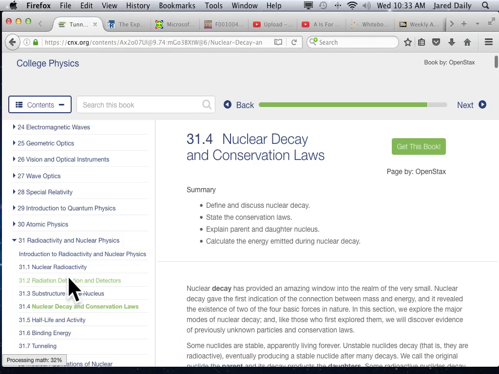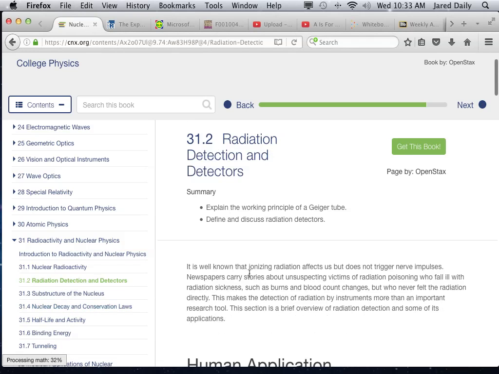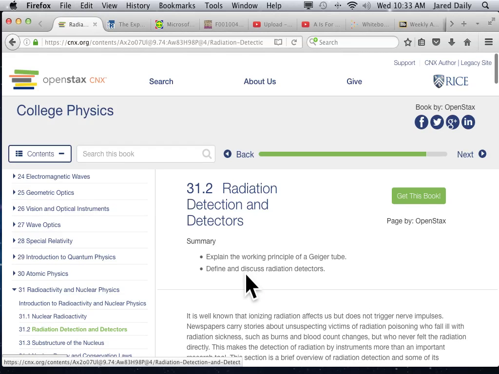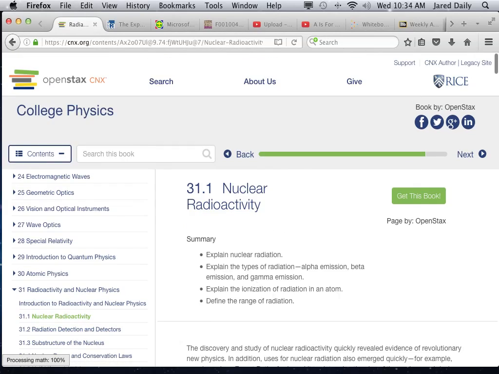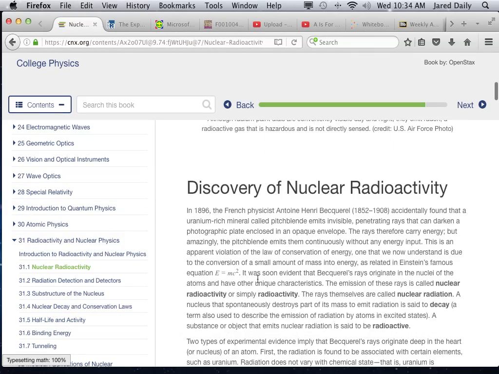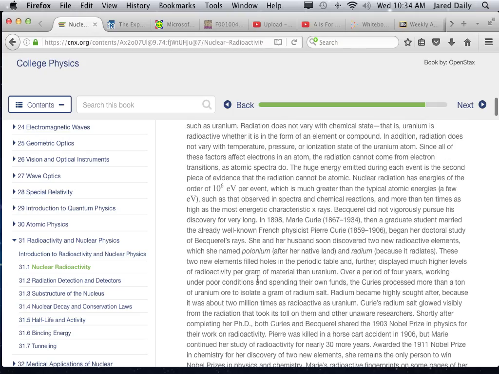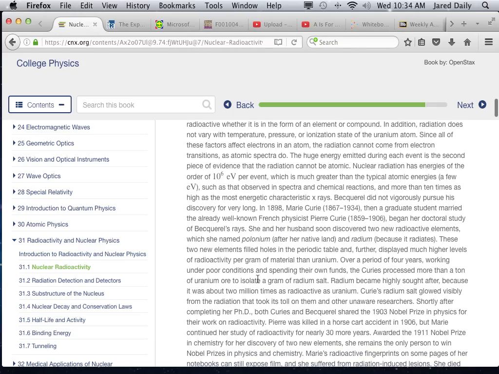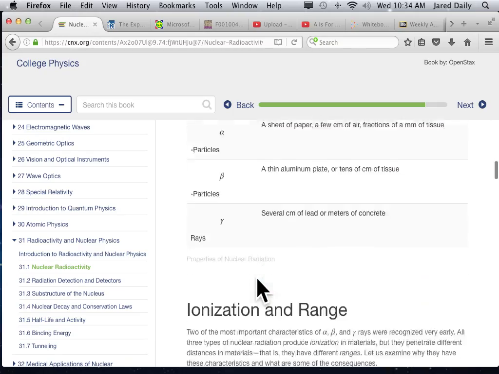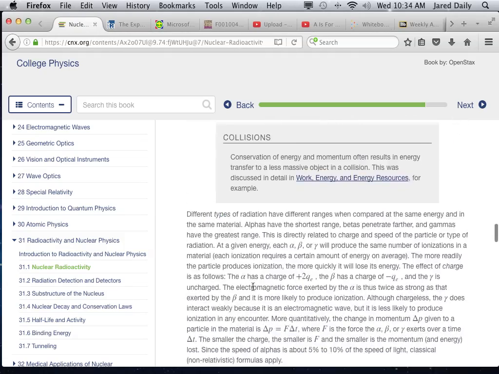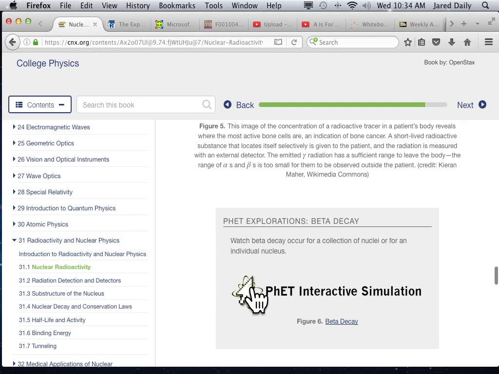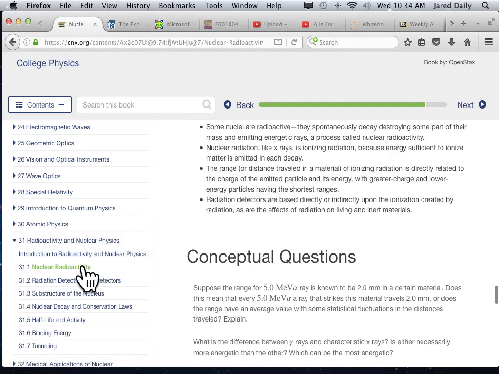No, probably here. Maybe not. I don't know where it's going to be. Nuclear radioactive, maybe it's at the very beginning. Yeah, probably here somewhere.